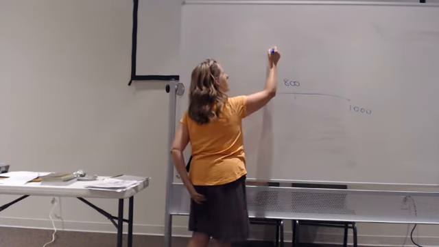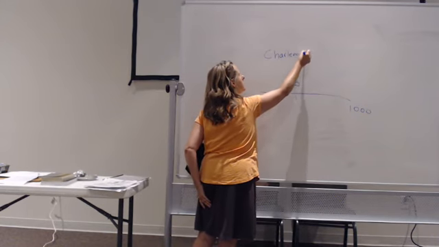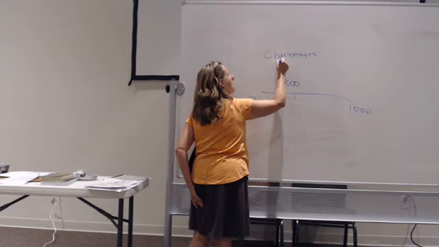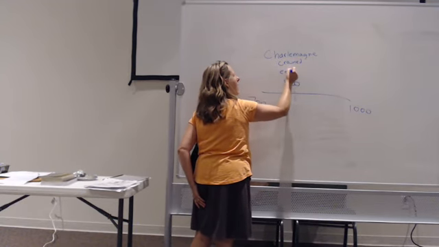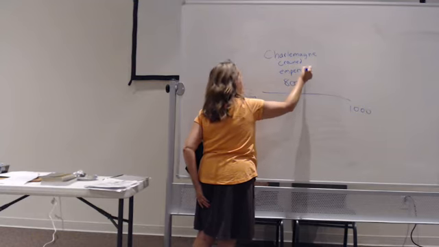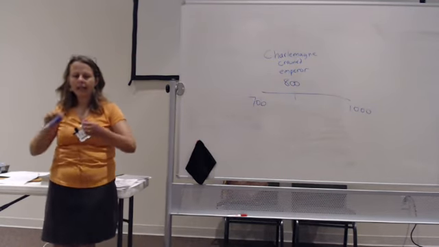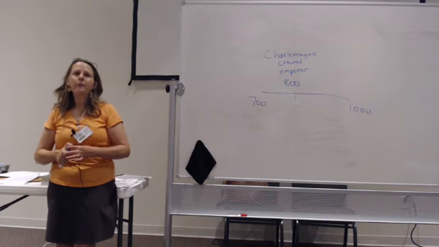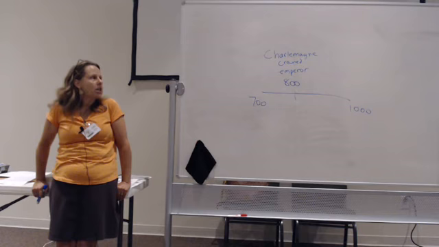I would like you to label this Charlemagne crowned emperor. All right, and we talked about how that was quite important for history. This Holy Roman Empire that was created is going to pretty much set the tone for Europe for centuries.